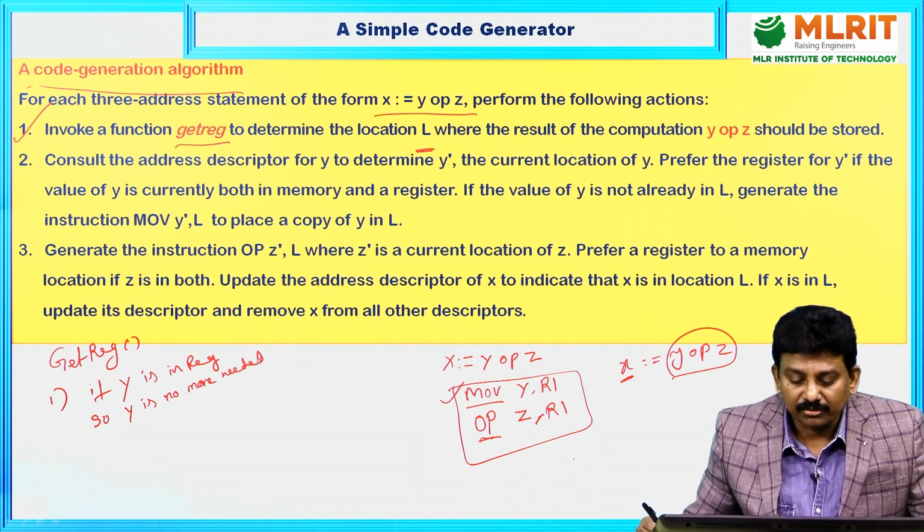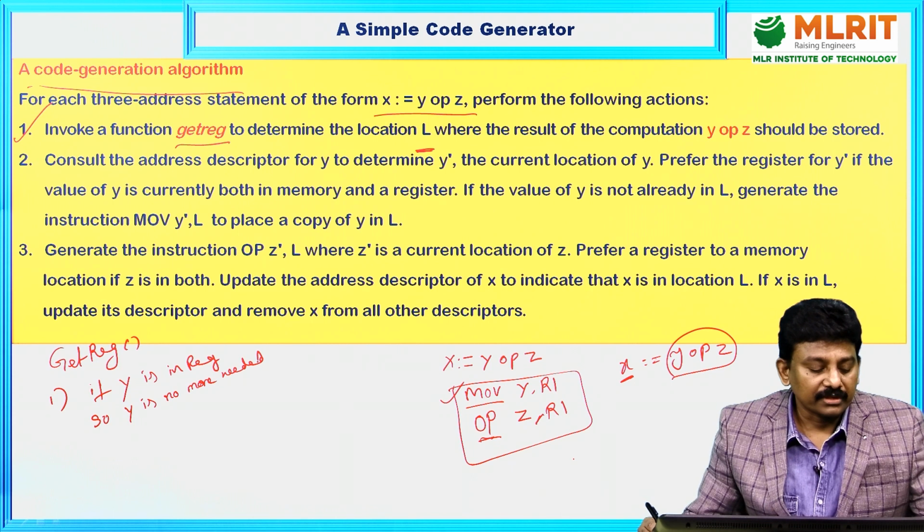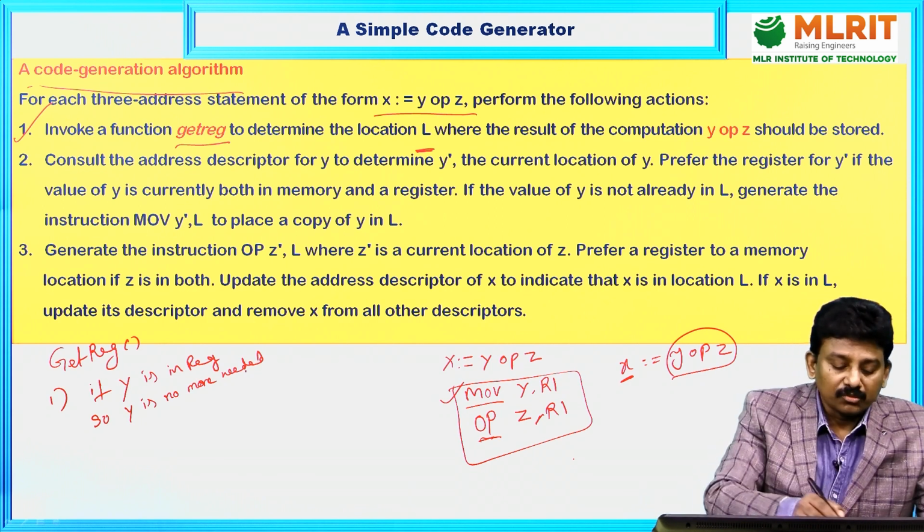That is one option. The first option for the getreg function: if y is already in a register, there is no need of moving the value of y to r1. So, y is no more needed.